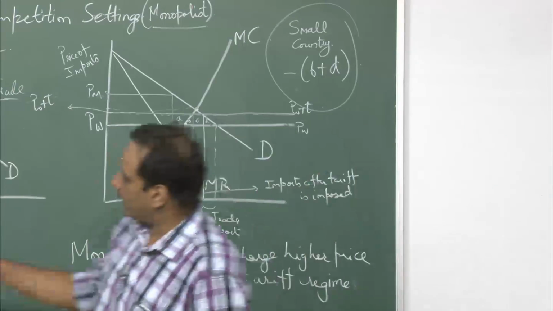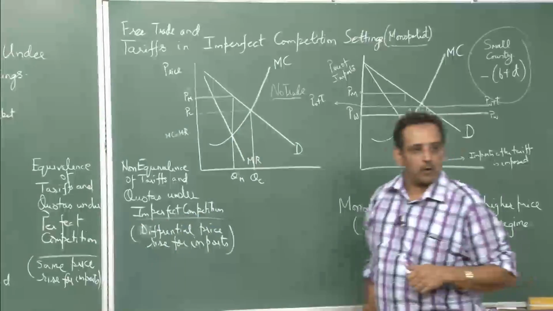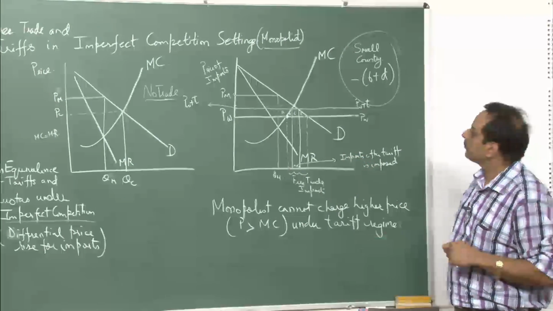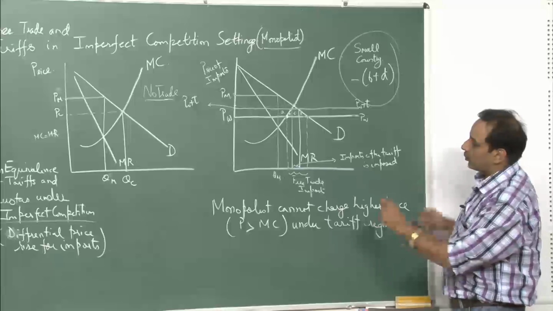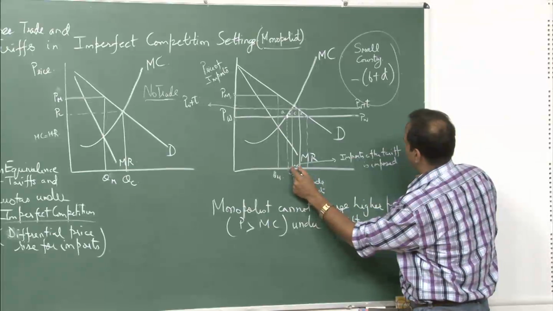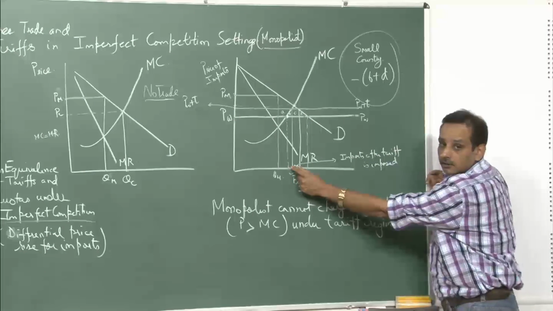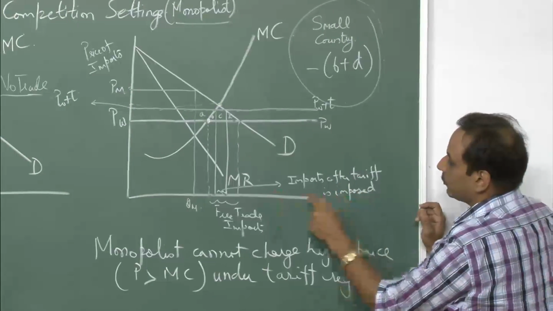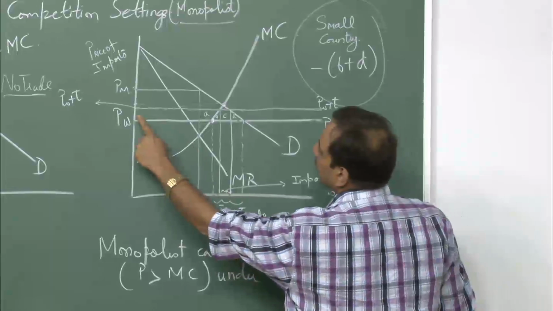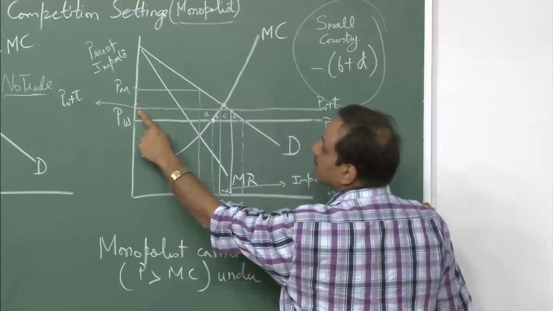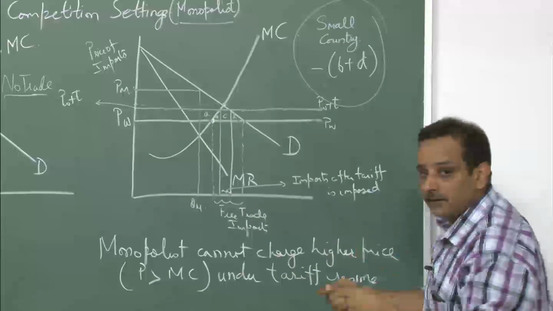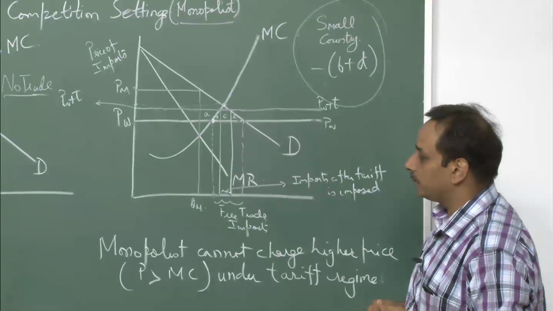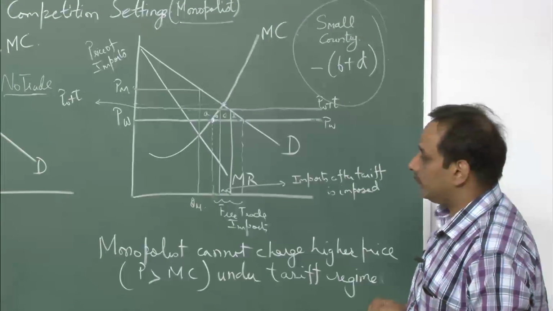Now when I say equivalence of tariffs and quotas under perfect competition, if I have to bring in quotas here, I can always find a quota which restricts our imports to the same level of imports which are there after the tariff is imposed, and you can see that it will lead to the same increase in prices. So equivalence is in terms of the increase in prices.